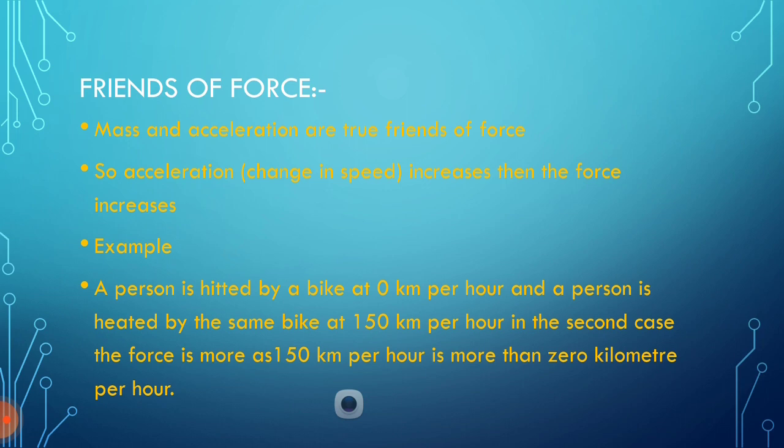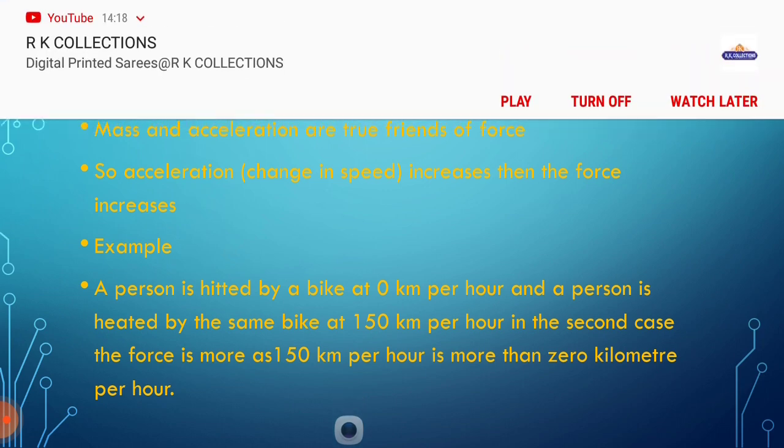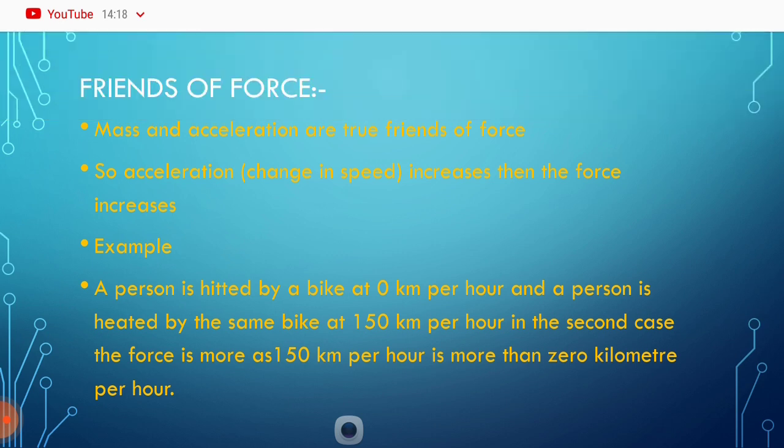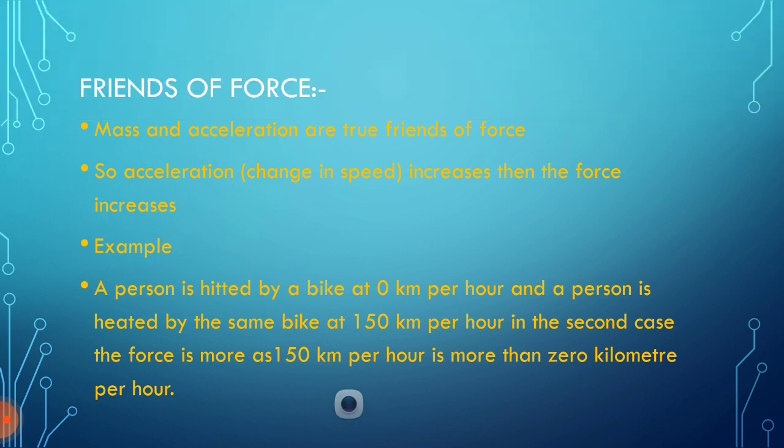Acceleration is the change in speed. If the acceleration increases, the force also increases. Example, they have given that a person is hit by a bike at 0 km/h, and another person is hit by the same bike at 150 km/h.